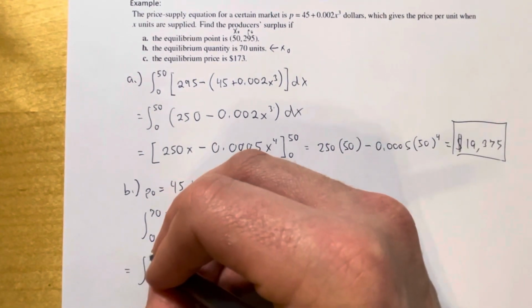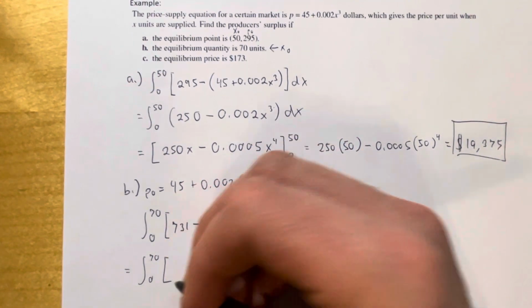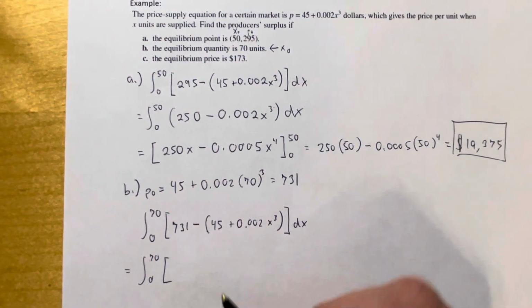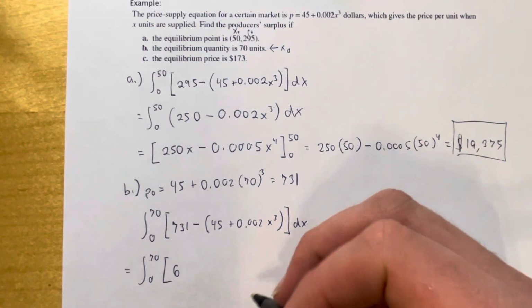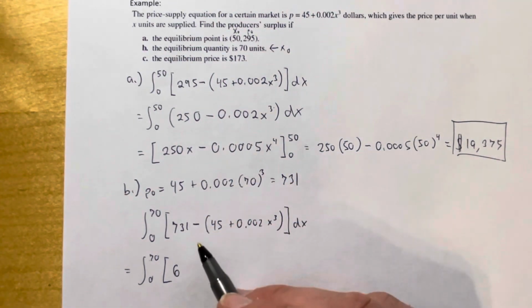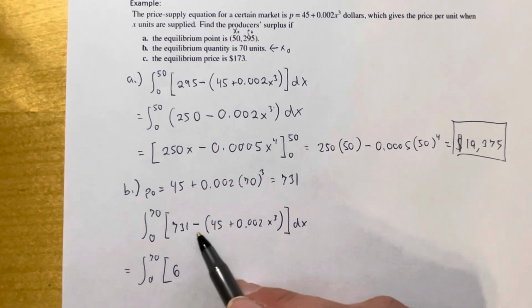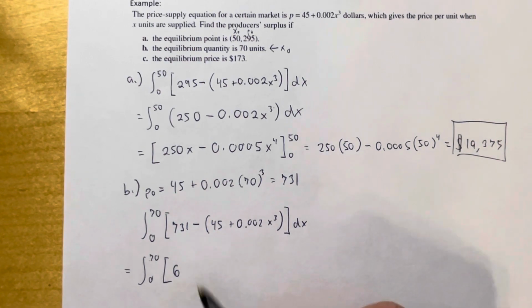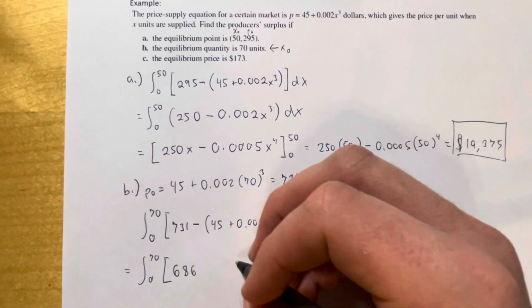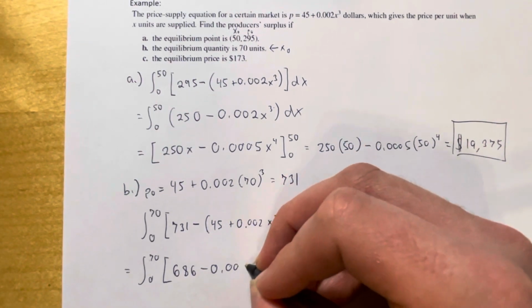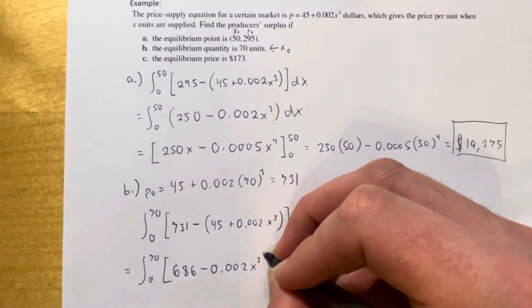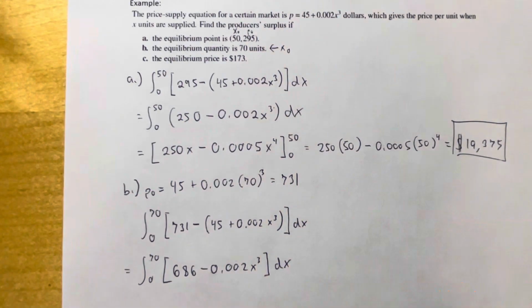So we have to distribute this, do the subtraction. That's going to be 686 minus 0.002 x cubed dx.